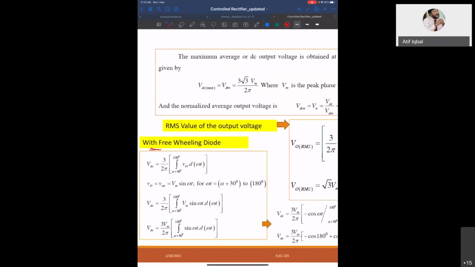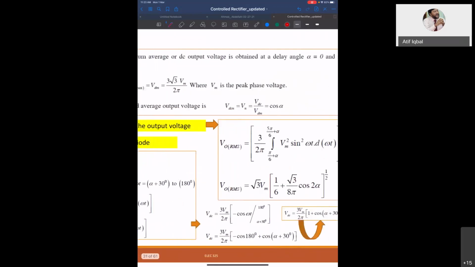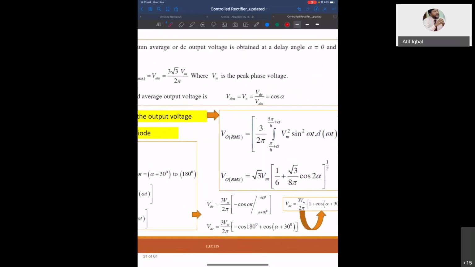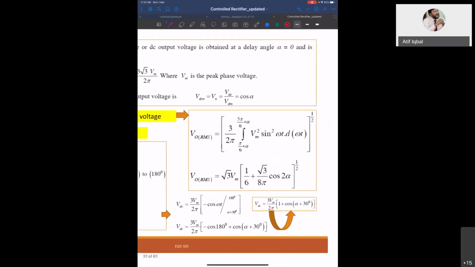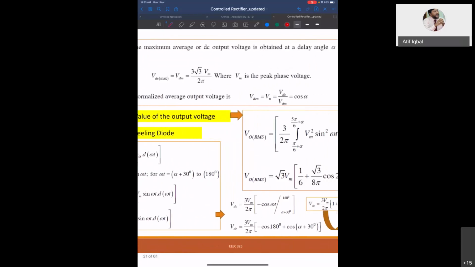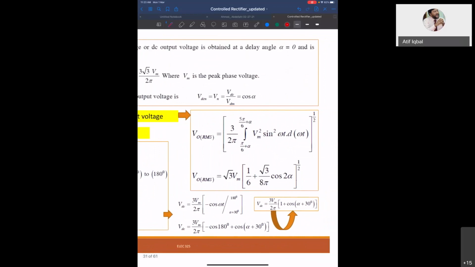Now, if you have a freewheeling diode connected, then the starting point is okay, but the finishing point will always be up to 180. It cannot go beyond that. You have to limit at 180 degree. So the limit here is given as 180. From here you will get 1 plus cos alpha, with freewheeling diode.